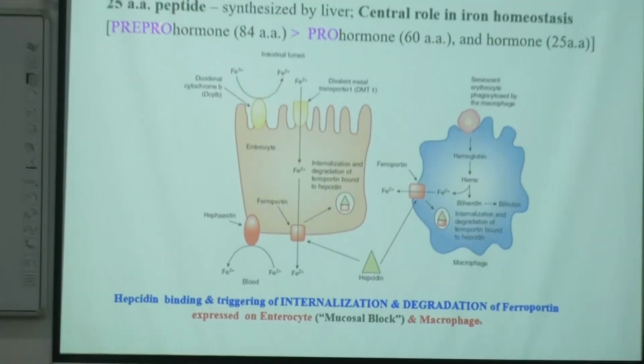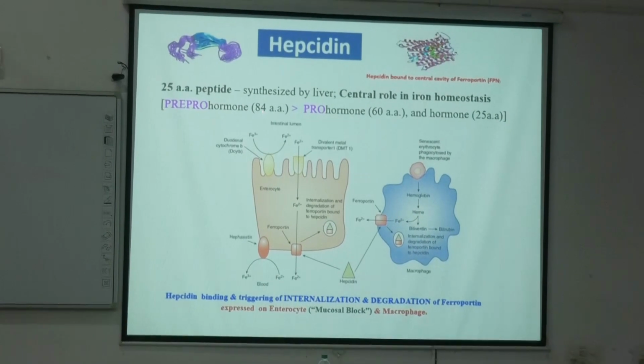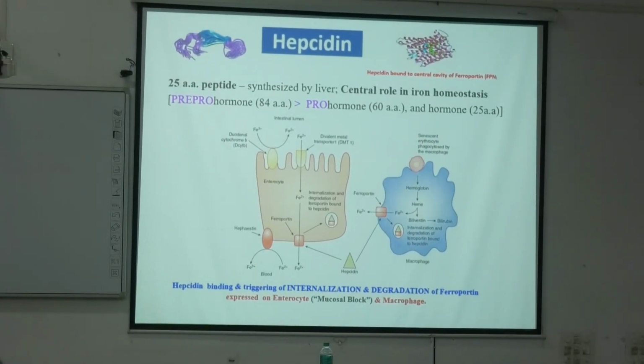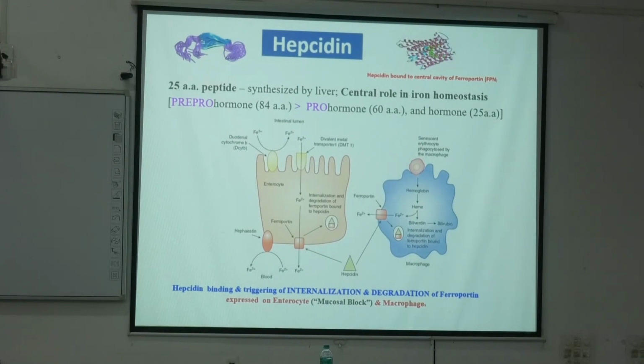Hepcidin, remember one thing, it's somehow called a pre-pro-hormone, that is synthesized as a pre-hormone of 84 amino acids. Normally, like erythropoietin, there are many hormones which are peptide in nature, but they are not classified as hormones. The older definition of a hormone, produced in one endocrine organ and acting at other sites, will no longer be entirely true.